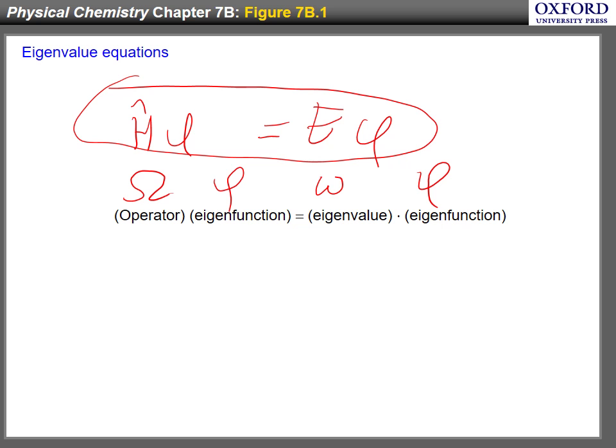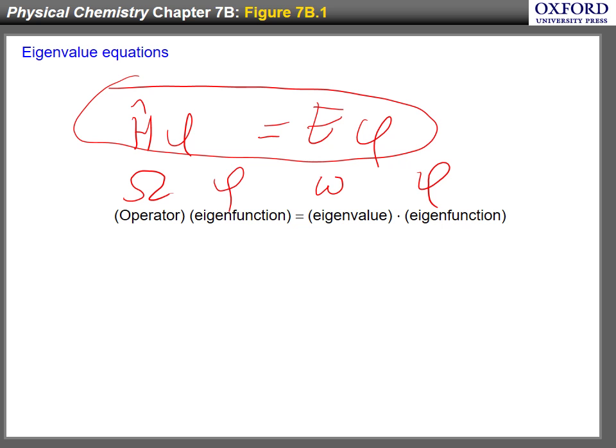When we say solving the Schrodinger equation, we can say it in an equally valid way by saying: find the eigenvalues and eigenfunctions of the Hamiltonian operator for that system.